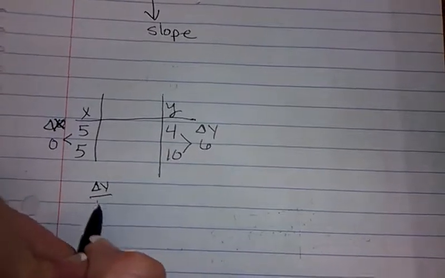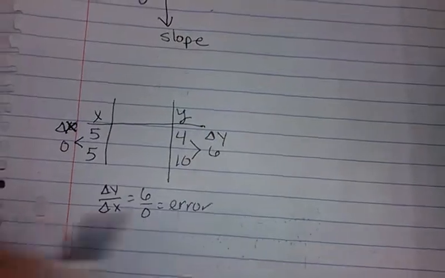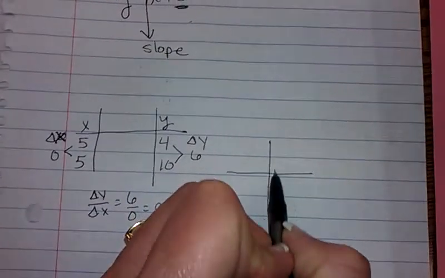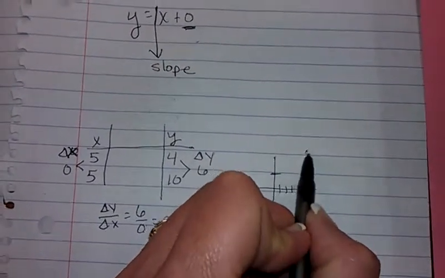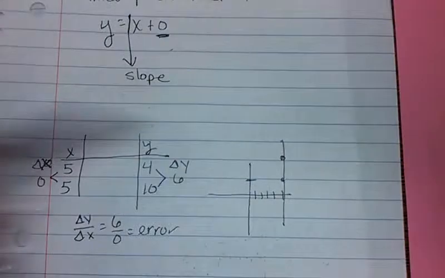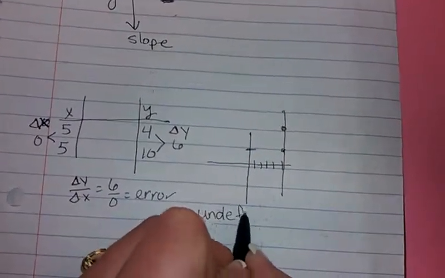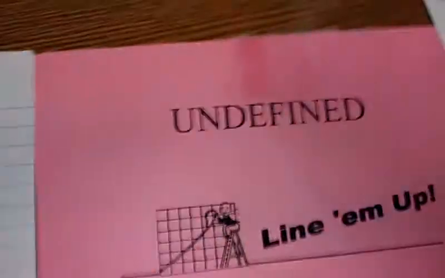Delta y divided by delta x, 6 over 0 tells you error. You can't divide by 0. If you graphed it, you had 1, 2, 3, 4, 5, and 5, 4, and 5, 10. Again, we've got a vertical line. The slope of a vertical line is undefined. That's all you're looking for. So I go and find the card that says undefined.